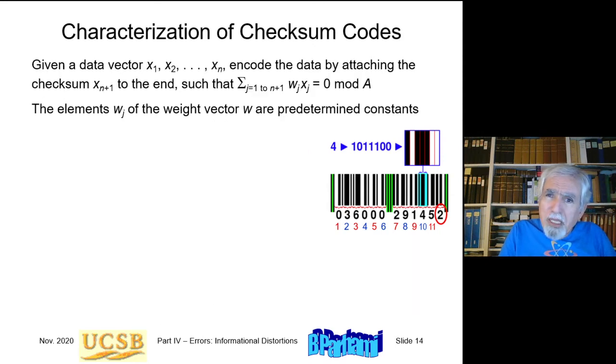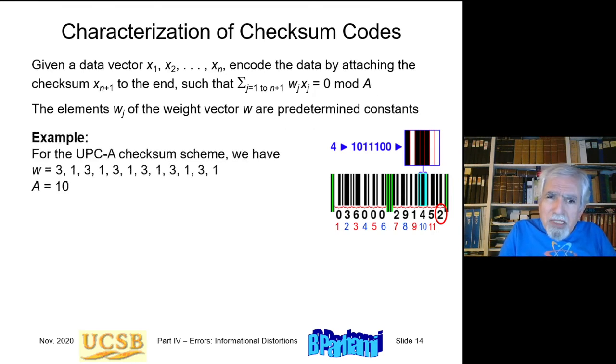Okay, so generally speaking, checksum codes are like this. You have a data vector. You encode the data by attaching the checksum x_{n+1}, the last symbol, such that the summation of all the digits, each multiplied by its corresponding weight, is 0 modulo some checksum constant.